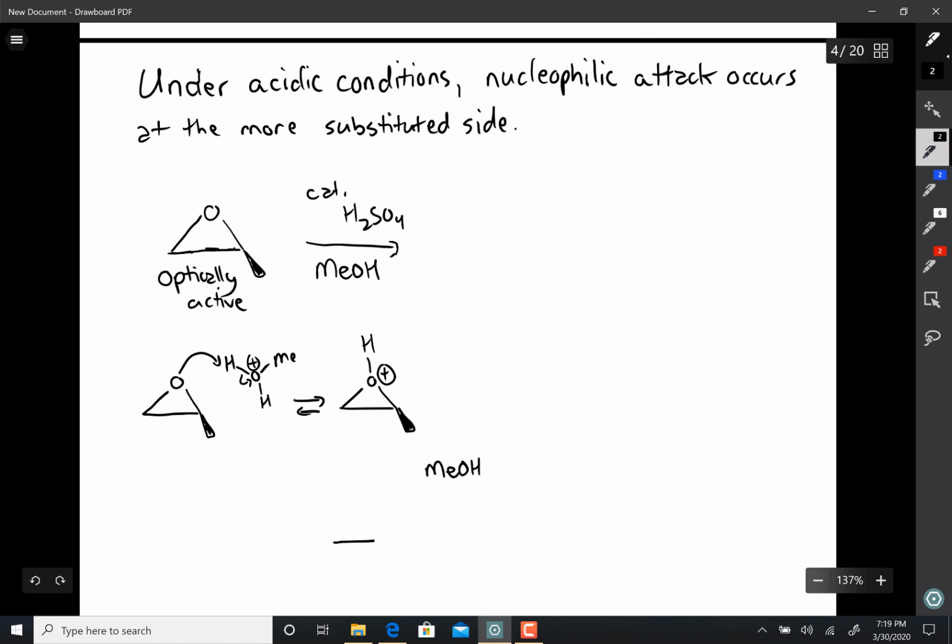This is akin to oxymercuration, where water attacked the more substituted side. It's the same way here.